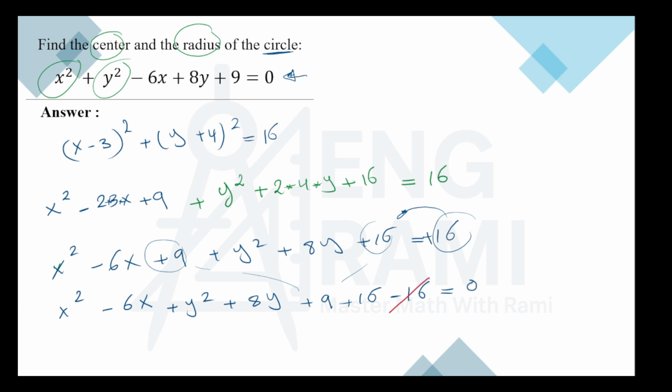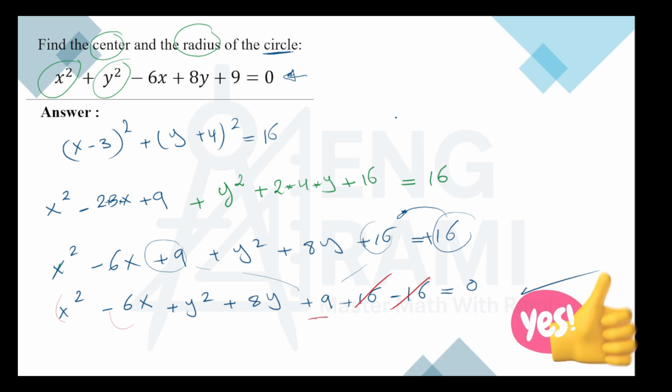Then this will cancel this, and if you look back in here, this is x squared minus 6x plus y squared plus 8y plus 9 equals 0. Then it's the same equation.